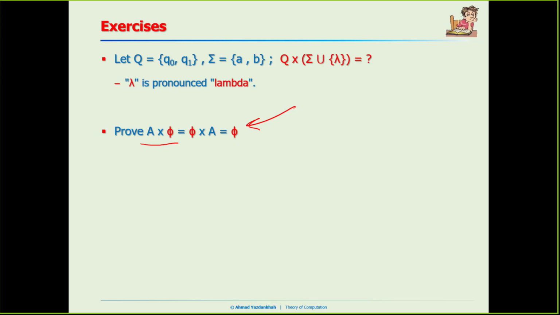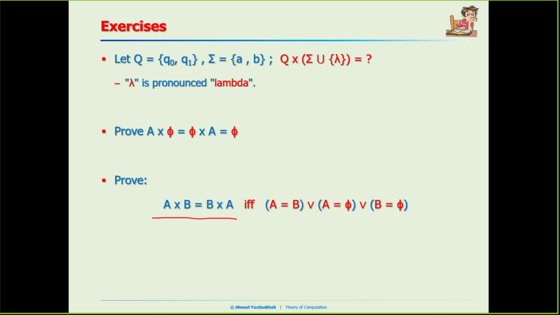It's so easy. And another thing, I ask you to prove that if A cross B equals B cross A, then one of these conditions should be satisfied. Between them is an or, you see. So either they should be equal or one of them should be phi.